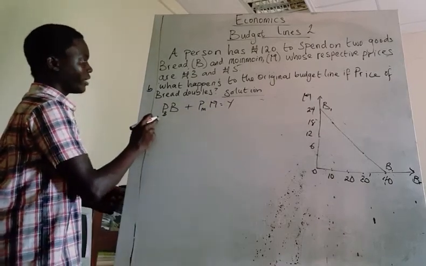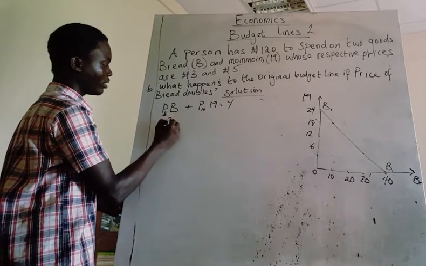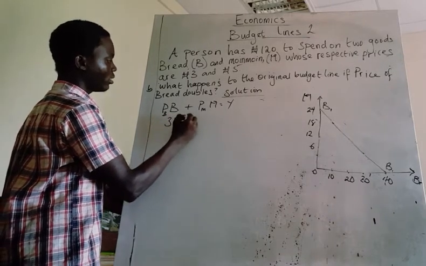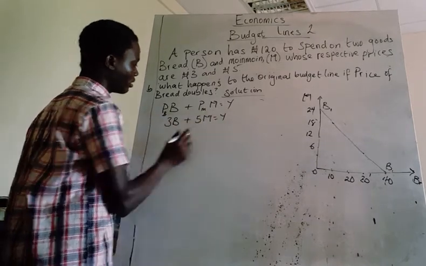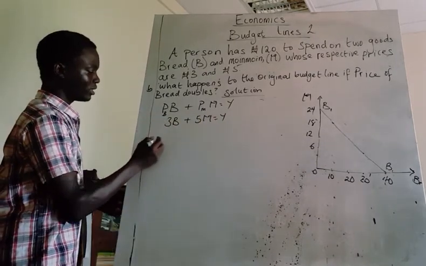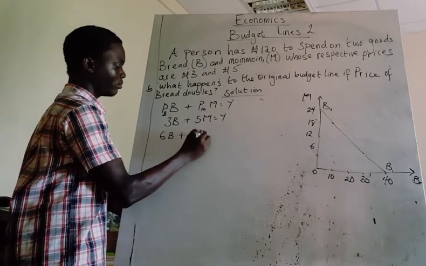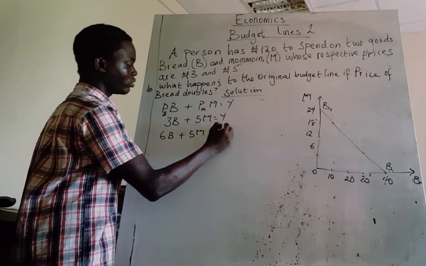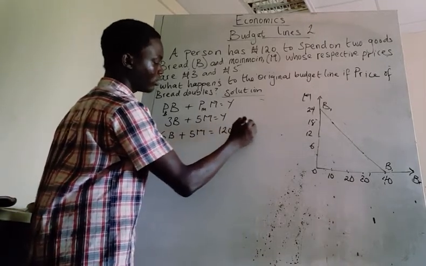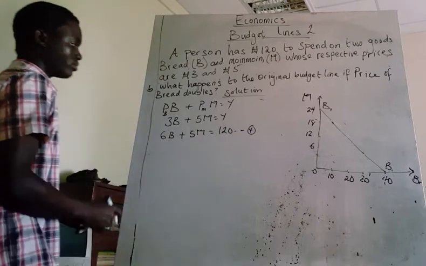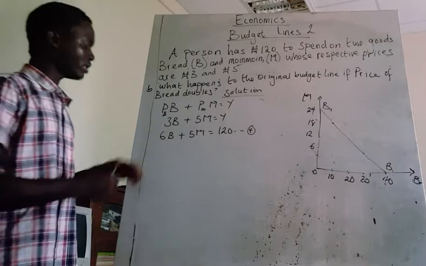So here we have 3B plus 5M equals y. A doubling of the price simply means this is now 6B plus 5M equals 120. So this is our equation 5.